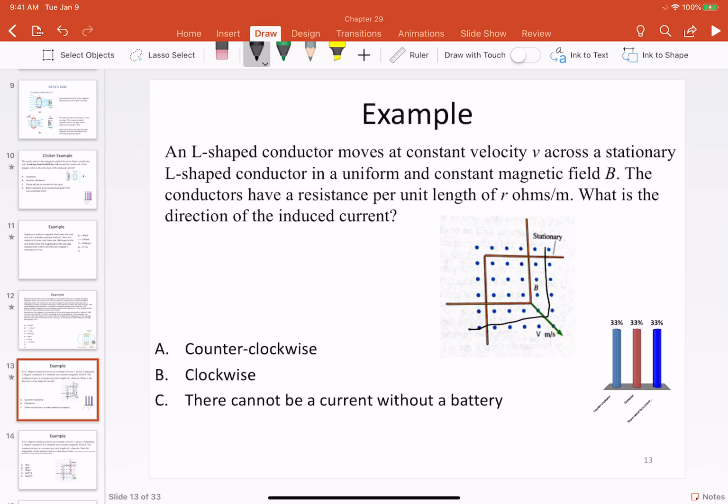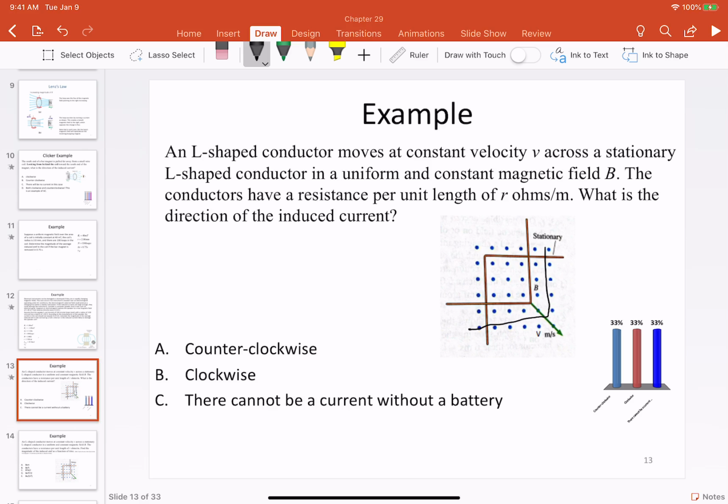So how would you do that? As far as the loop is concerned, it sees that the flux of the magnetic field over it, caused by a magnetic field pointed out of the page, is increasing, right? The loop will try its best to fight any change. So it will try to cancel out some magnetic field. So the magnetic field that it will produce will have to be into the page. Sorry, did I say that correctly?